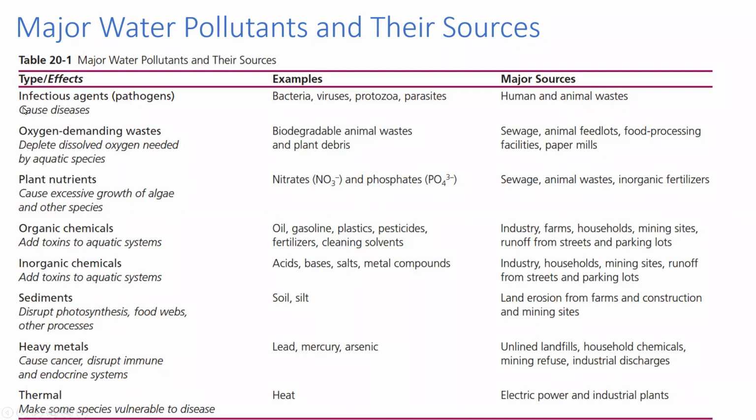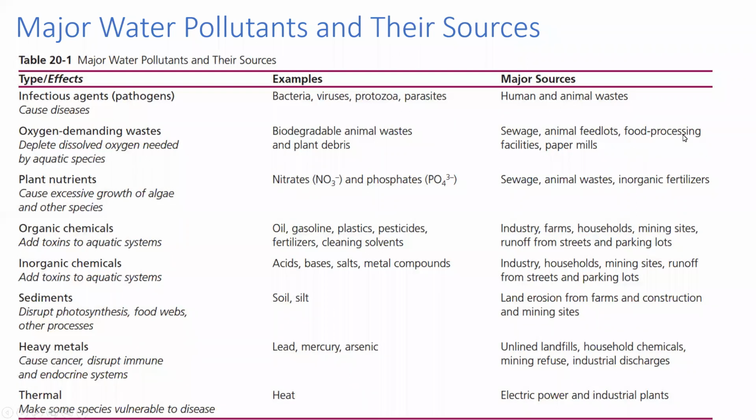For example, infectious agents like pathogens are connected to human and animal waste, which is whatever waste we are creating. It goes through our sewage pipe into the water bodies, and then eventually it comes back through our tap.